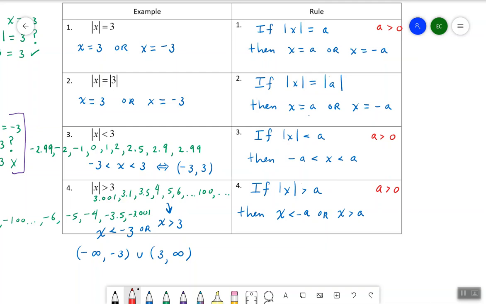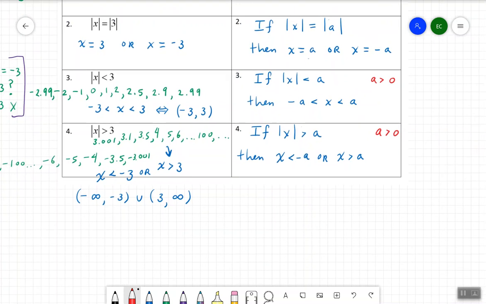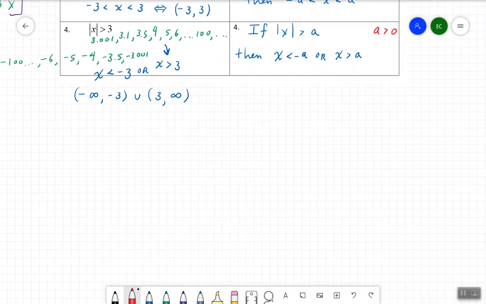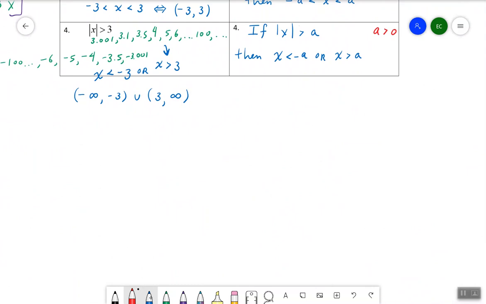Okay, so let's go ahead and do one more problem before we stop this video. Let's come back to the problem that I suggested at the beginning of the video. It was the absolute value of 2x plus 1 is equal to 7.